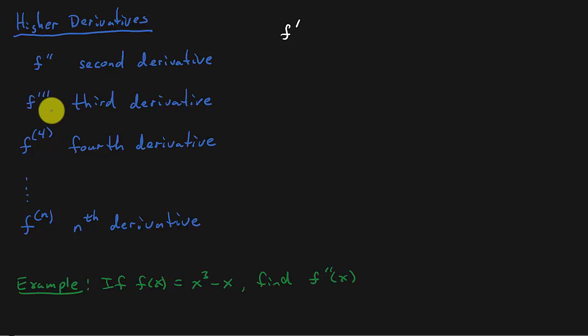Once you get past the third derivative, like if it's the fourth, fifth, or whatever, you put it in parentheses, like all the way up to the nth derivative. Okay, the nth derivative.